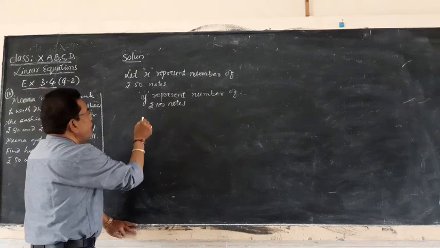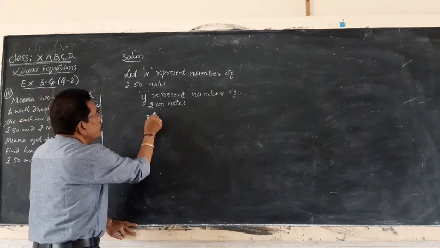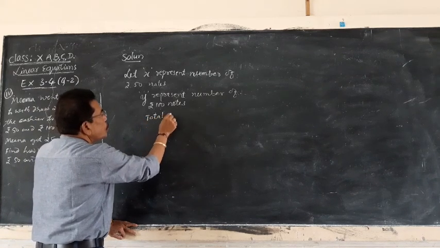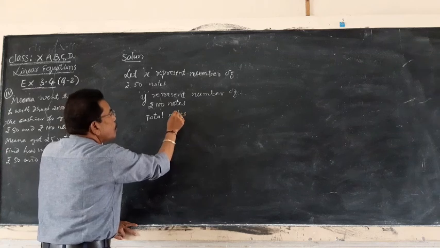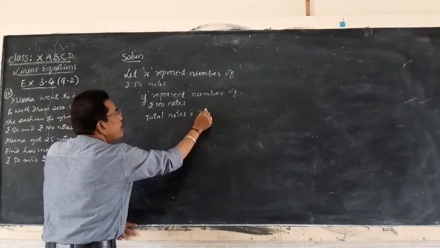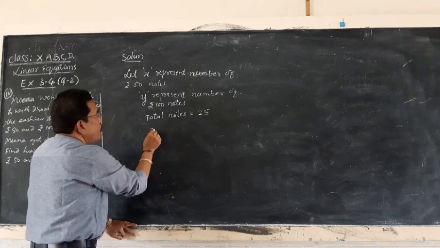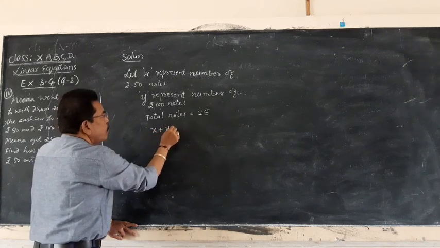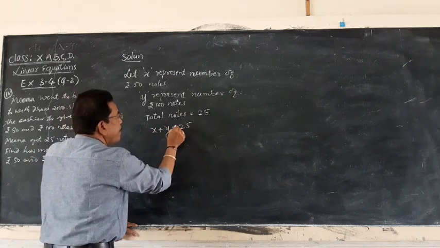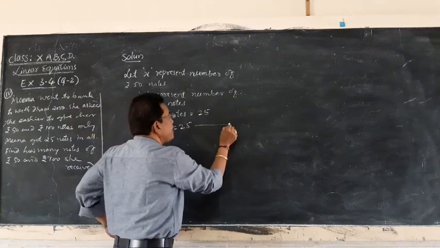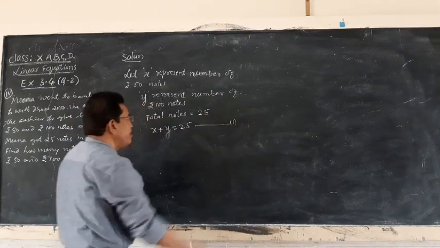Total number of notes is 25. Now x plus y equals 25. Equation 1.